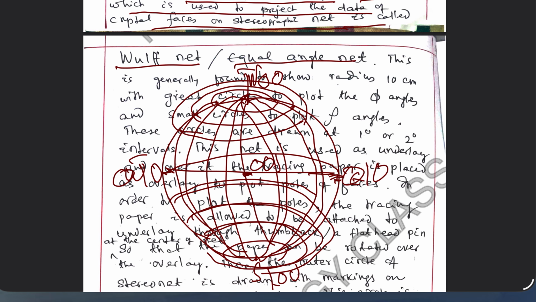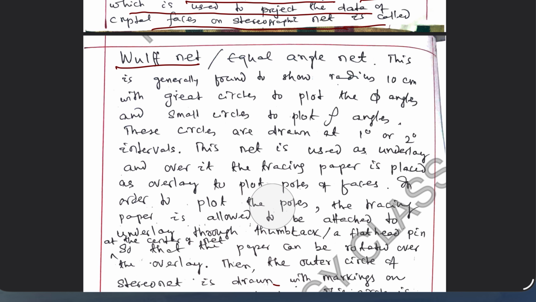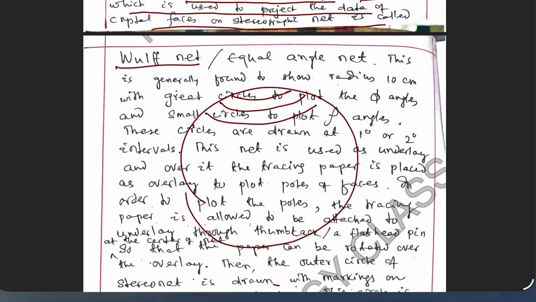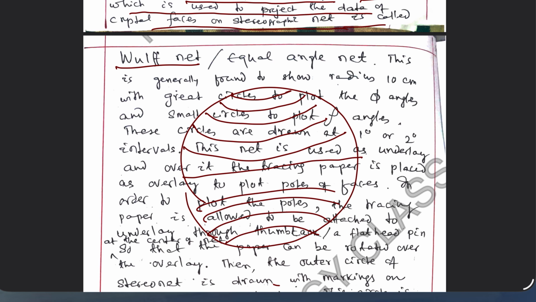So if we take into account the Wolf net, generally a 10 centimeter radius is taken to construct this net. In the net we will have these circles. This is the equator.